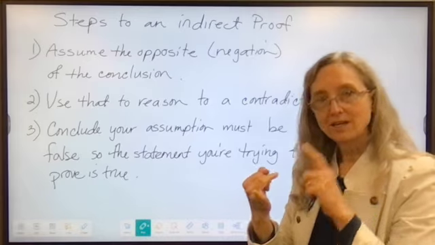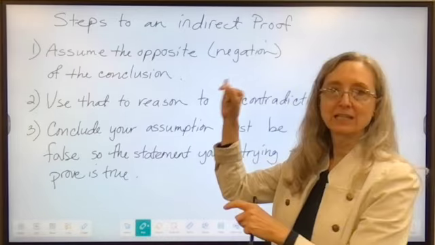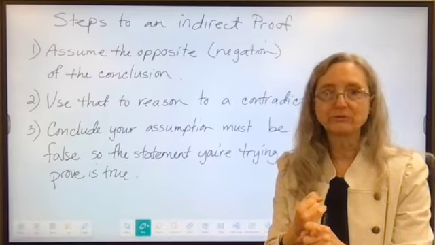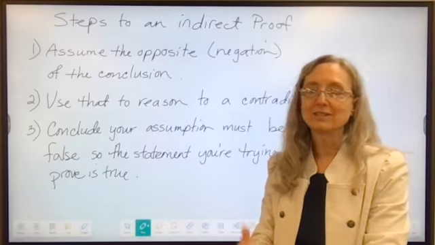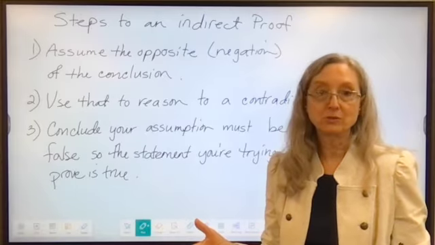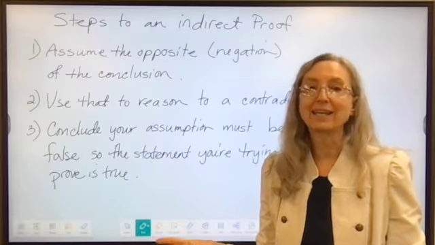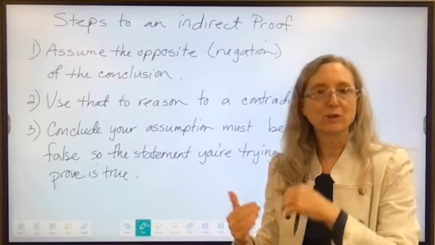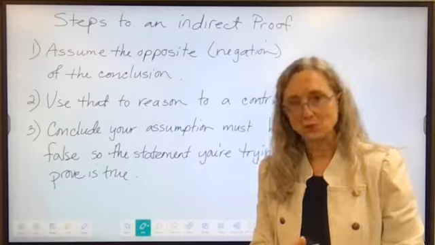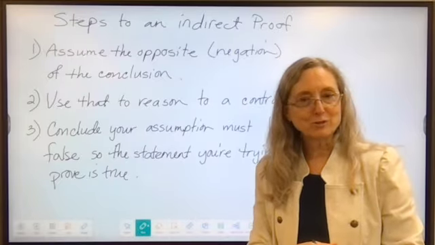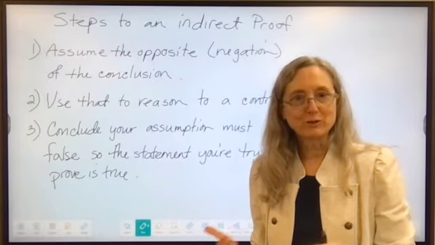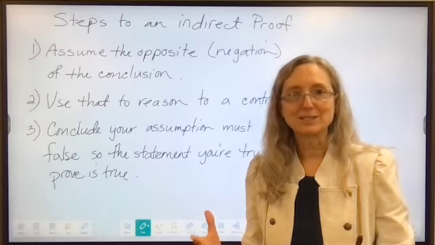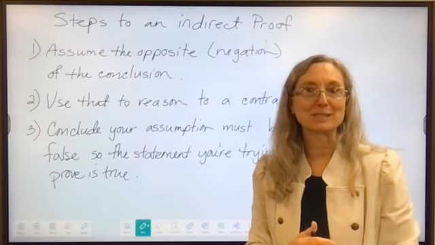So first, temporarily assume the negation of what you're trying to prove, reason through that until you come up to a big contradiction that shows that that can't be true, so therefore the original statement must be true. If this is confusing you, let's walk through it a few times and you'll say, oh, okay, I see what you're saying now.